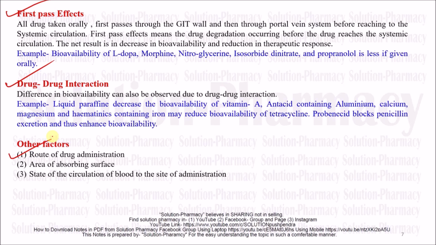If the absorption surface is good enough, the drug will be absorbed by the surface and the bioavailability will be higher. State of circulation of blood to the site of administration is another important point. If the blood is highly circulated to the area where you have applied the medicine, the drug will be absorbed by that circulating blood. But if the drug is not absorbable enough because of lack of blood supply, the bioavailability will be reduced.